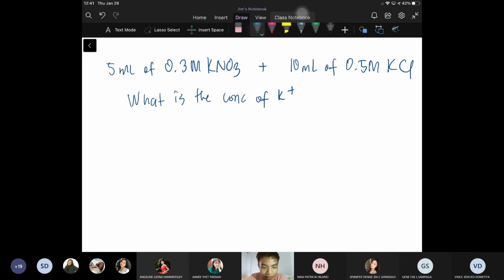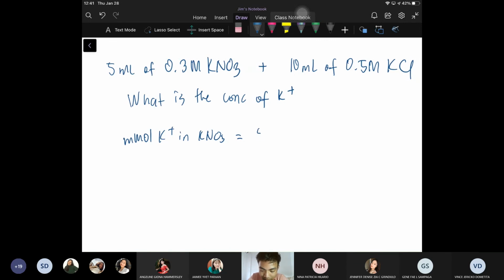Yun yung question. Ganito. Alam nyo na kukunin nyo yung moles dito kasi given yung volume, given yung molarity. Okay? So, kunin nyo yung moles of K+ in KNO3. Paano yon? Millimole na lang.